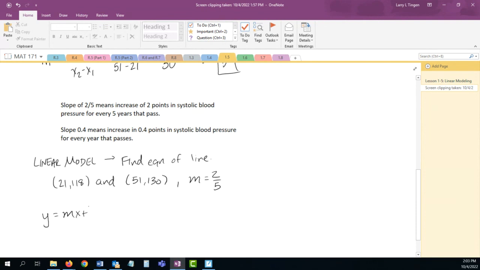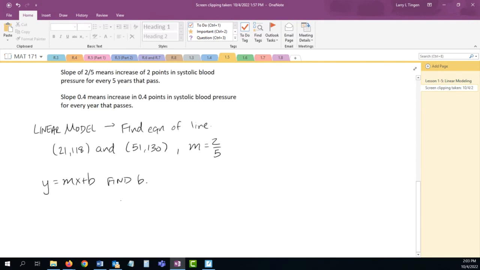So I'm going to use slope intercept here and find B. Since they didn't give us an intercept, I've got to go find B. So I'm going to use the first one. Y is 118, slope is 2/5, X is 21. 118 equals 21 times 2 is 42 over 5 plus B.